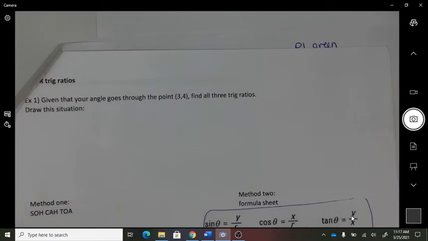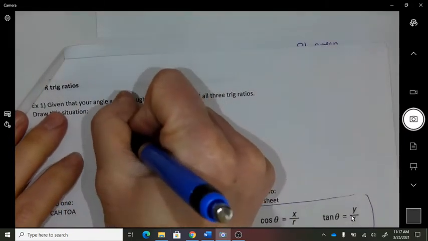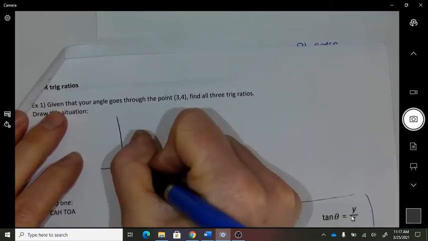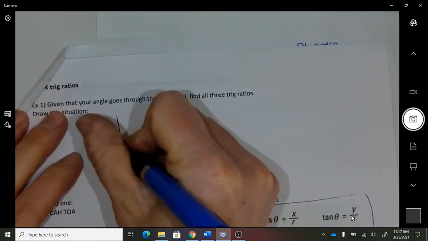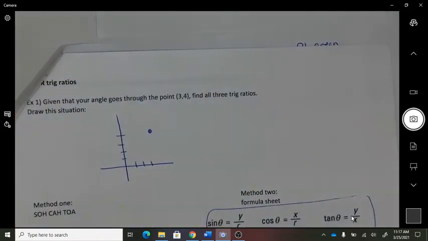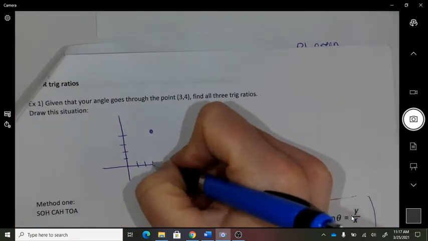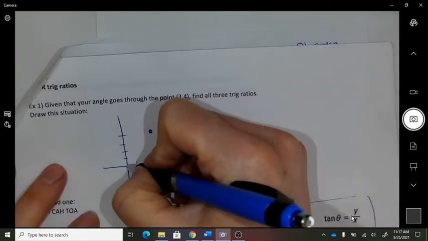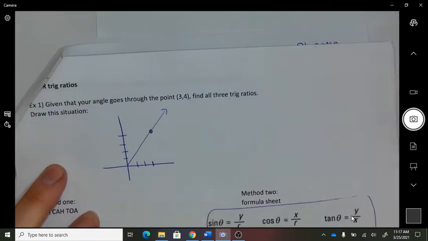Okay, number one. Given that your angle goes through the point (3, 4), find all three trig ratios. Okay, so this is the deal. I have this coordinate, (3, 4), and I'm saying that an angle goes through that.